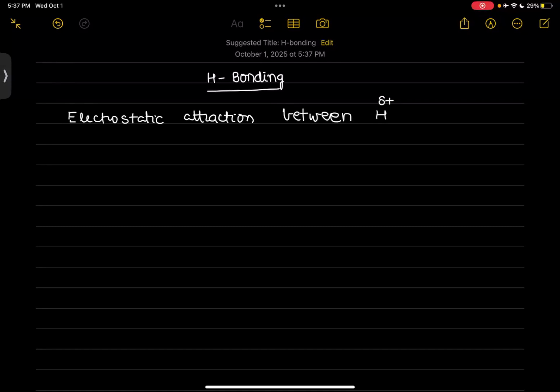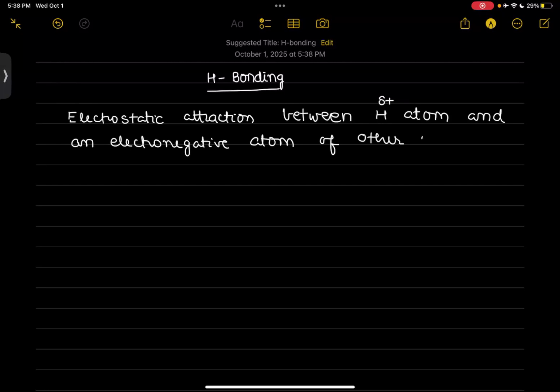Partially positive H atom and an electronegative atom of other material.